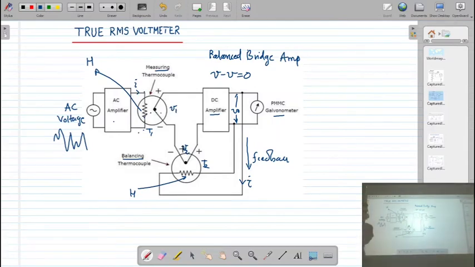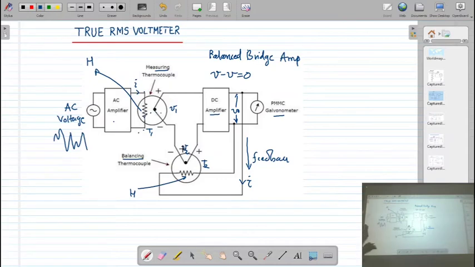Remember, the feedback current is producing heat, and that heat will correspond to the heat produced by your input signal.